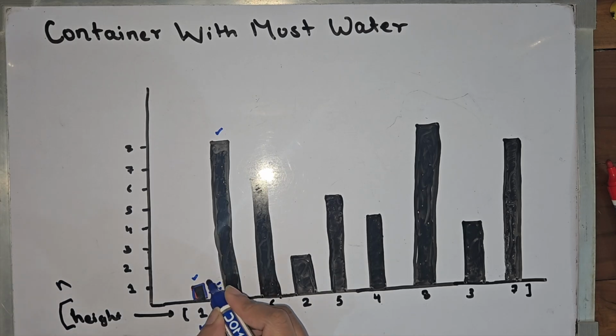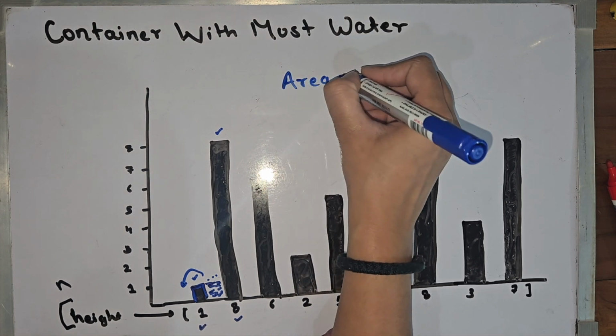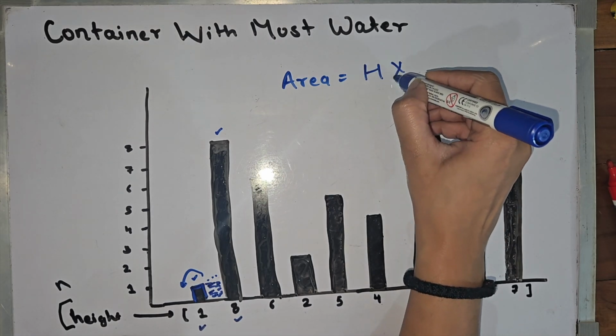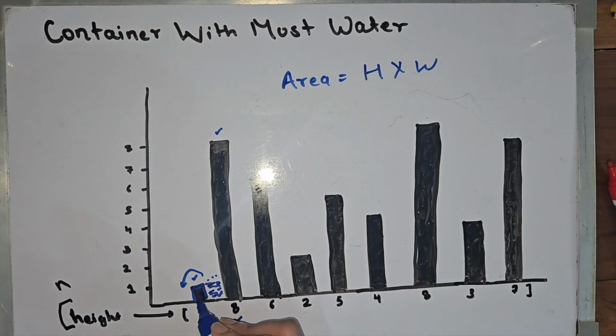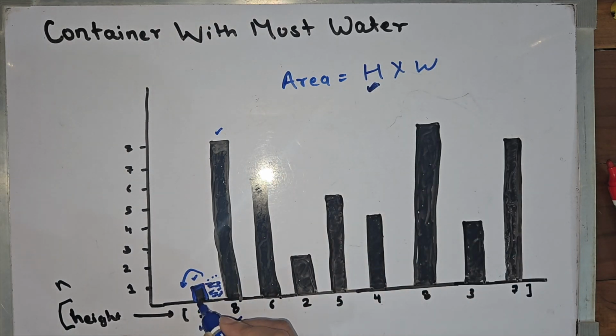Because more than this the water will spill, it can only store water up to the smaller height vertical line, right? So we are considering a 2D surface, so area is equal to height into width, and the height used in this calculation will be the smaller height.